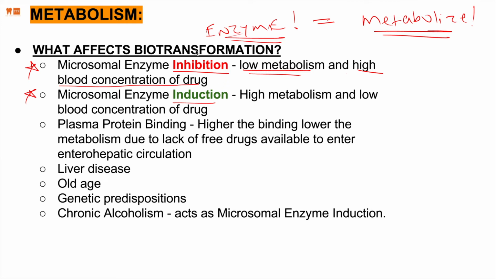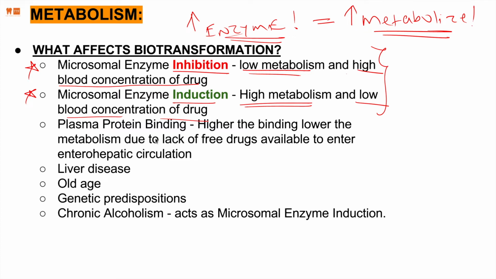However, if you inhibit the enzymes, well, then it will be low metabolism and the drug will pile up in the blood. Microsomal enzyme induction is the exact opposite. You want to hype up these enzymes, hyping up the metabolism, and that leads to low blood concentration of the drug. Remember, there are several groups of drugs that inhibit the enzyme and several groups of drugs that will induce the enzyme. We'll take a look at that in just a second.